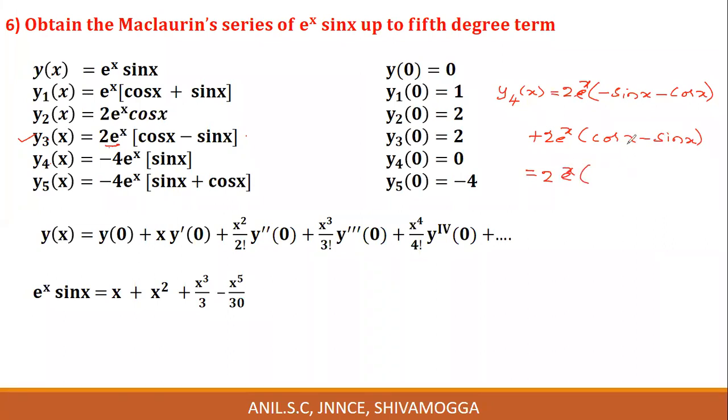What we get within the brackets is minus sin x minus sin x, minus 2 sin x. Minus cos x will get cancelled with this plus cos x. Therefore, this is equal to 2 into minus 2, minus 4 into e power x into sin x.